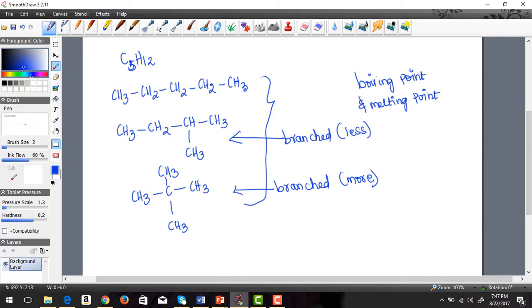So boiling point and melting point. Okay, these concepts require you to have an understanding of straight chain versus branched, that branching and how much it's branched, as there is a lot of meaning behind melting and boiling point concepts.